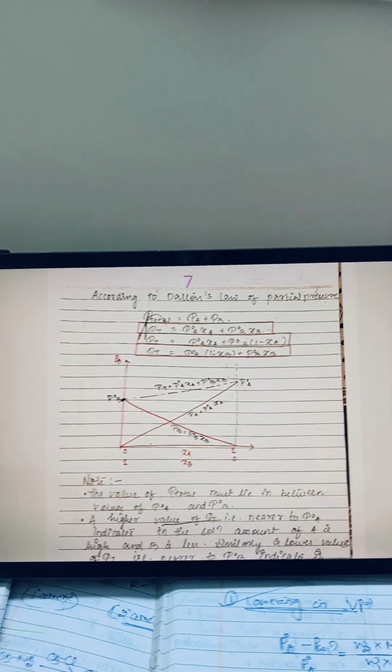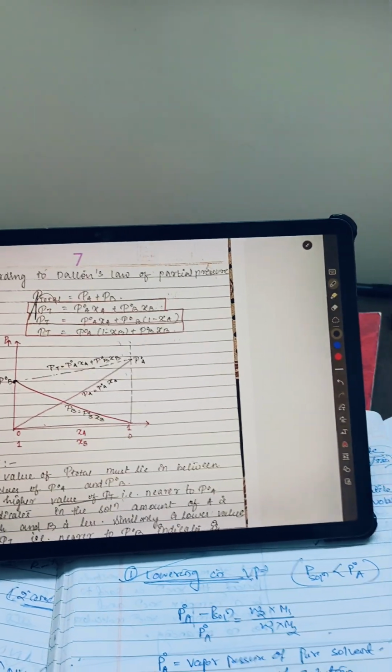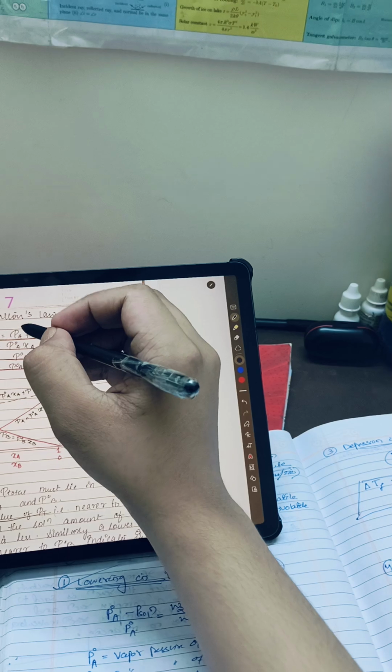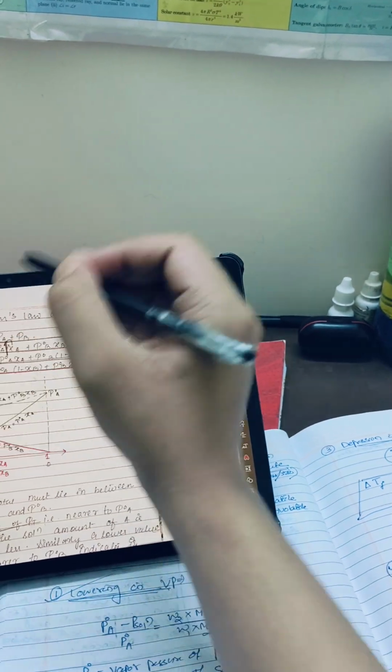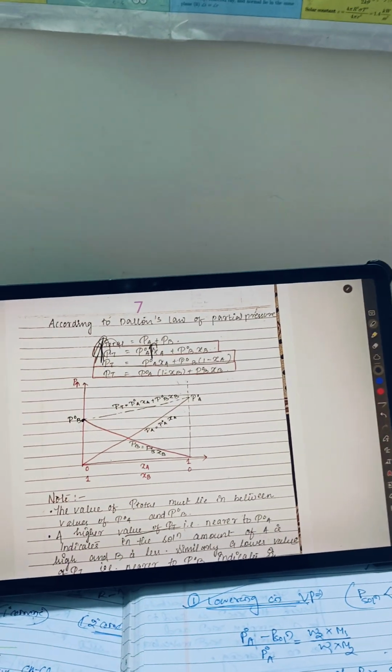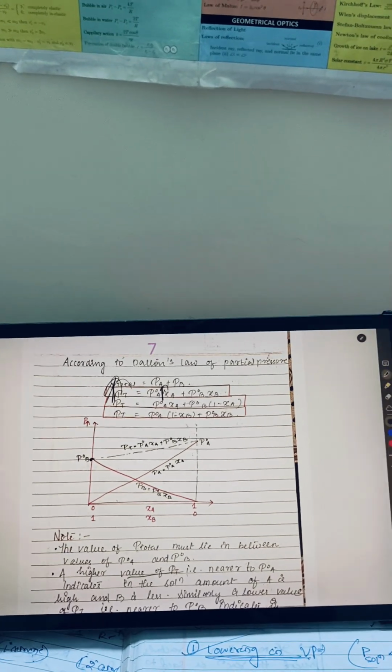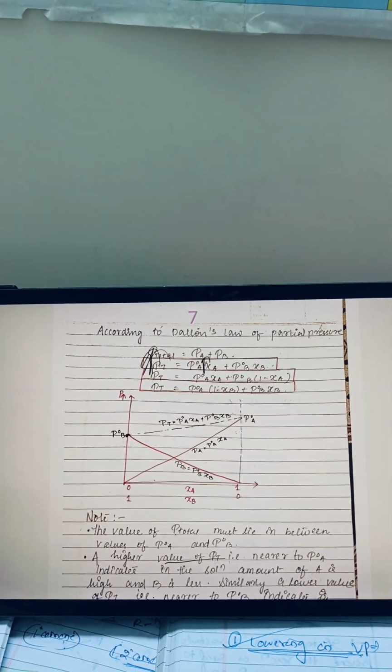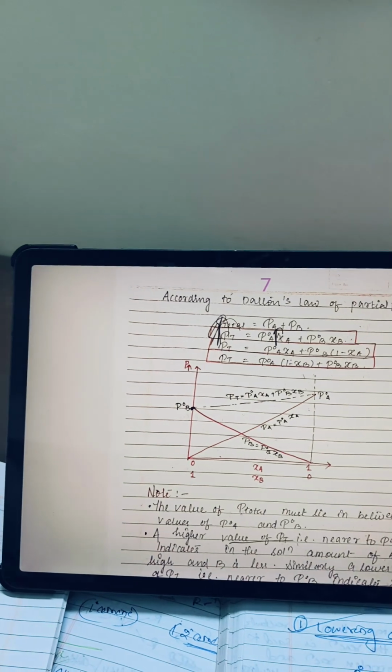Basically, it's telling you that if you increase chi A, then this is increasing, because chi A is the solute.